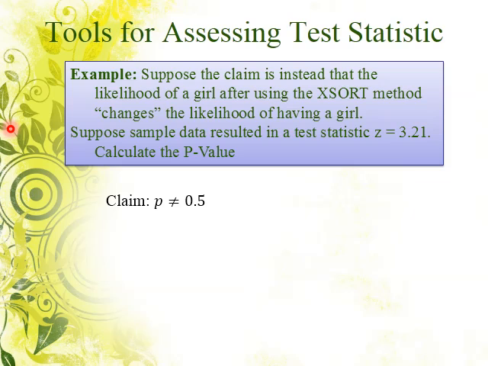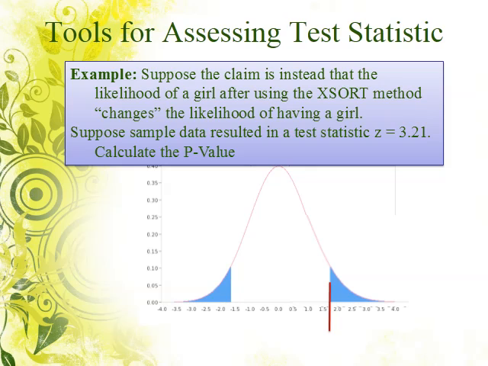So the opposite of this not equal statement is that p equals 0.5. Our null hypothesis will be the statement that has the equals in it, in this case p equals 0.5. And our alternative hypothesis will be the other one, p does not equal 0.5. Since our alternative hypothesis has a not equal statement in it, we're going to use a two-tailed test.